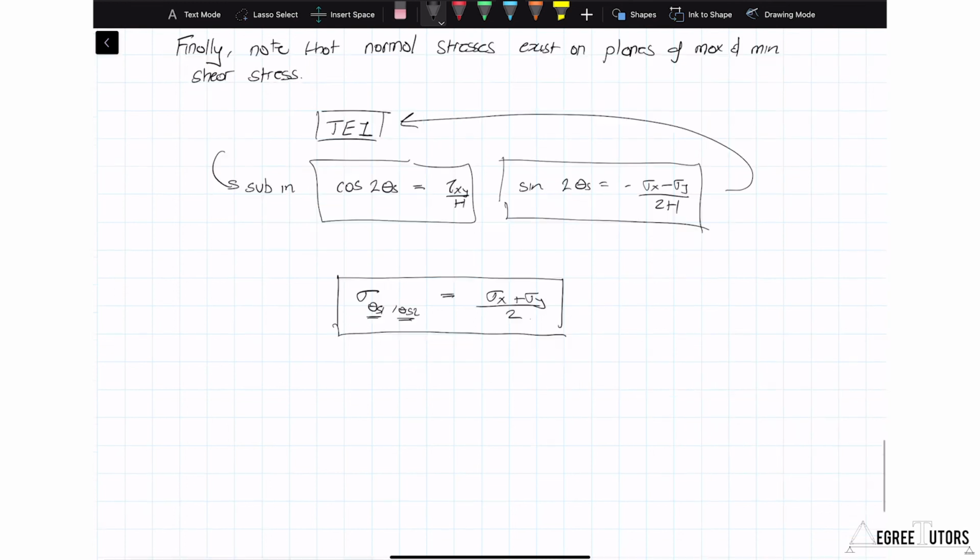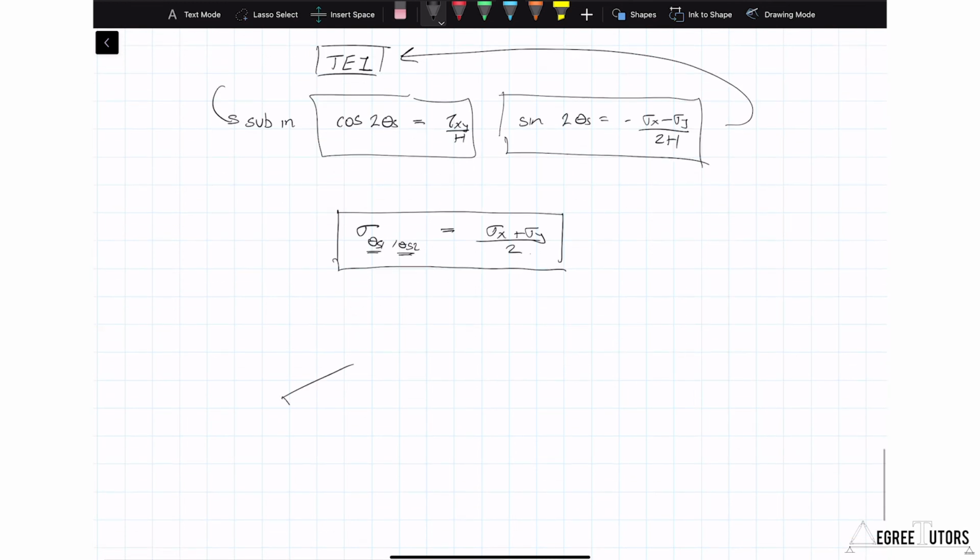Whatever those planes, I'll just sketch it out here. You can imagine that if I had an element at some orientation like this, and this happens to be the orientation that the maximum positive and negative shear stress occurred on, so let's sketch something like that. Then the values of the normal stress, if I call that tau max, the values of the normal stresses that occur on those planes are going to be the exact same stress on all 4 sides.